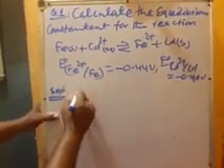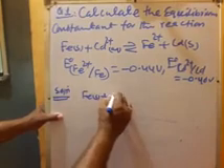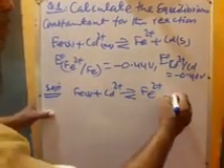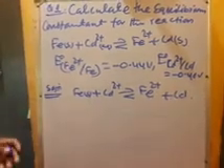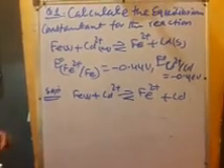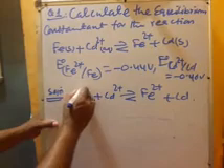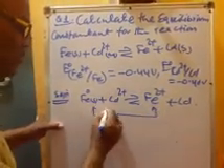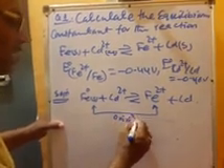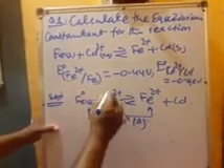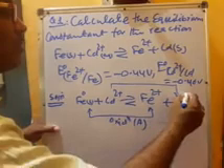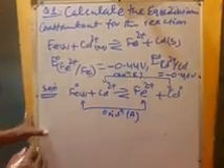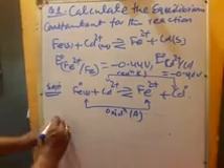Now the equation is Fe solid plus Cd2+ reversible Fe2+ plus Cd. Now you have to see which is cathode and which is anode. For that you have to see where oxidation takes place. Fe0 to Fe2+, so there is oxidation, that means this is anode, and Cd2+ to Cd0 is reduction, meaning cathode. So first of all calculate E naught cell.